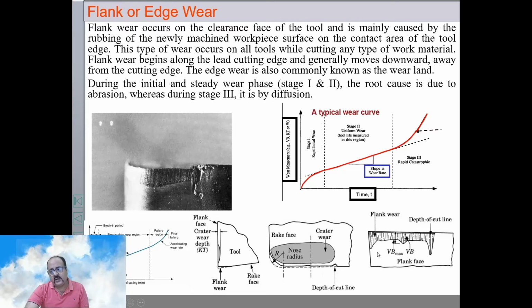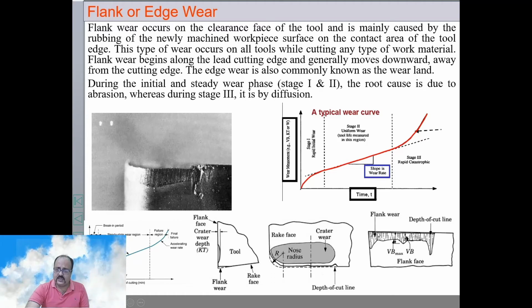Now, if you look clearly at this flank wear, you can see here there is a deep mark, and there is another deep mark here. This is caused by the nose, this is wear of the nose. I am not interested in the wearing of the nose, and this is the depth of cut line.